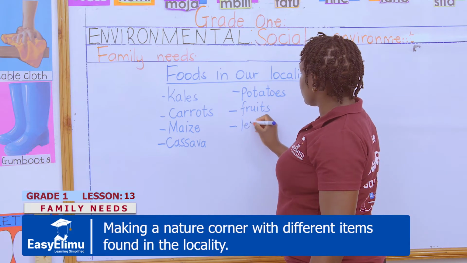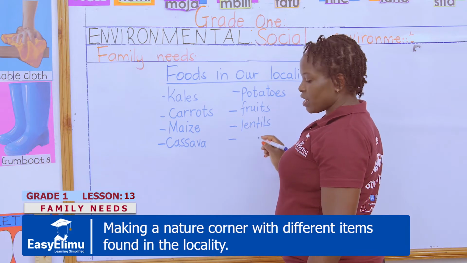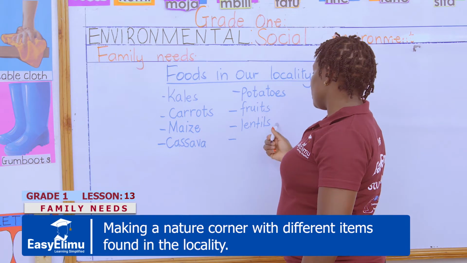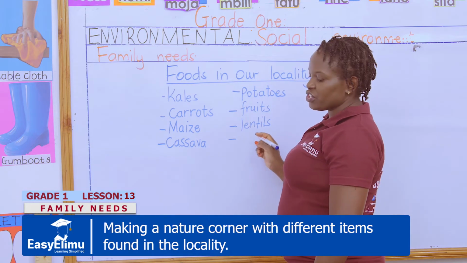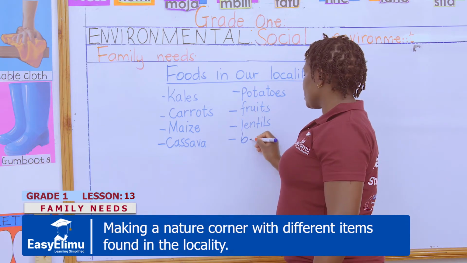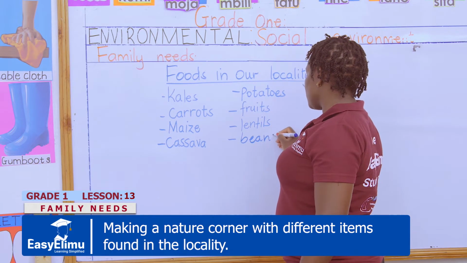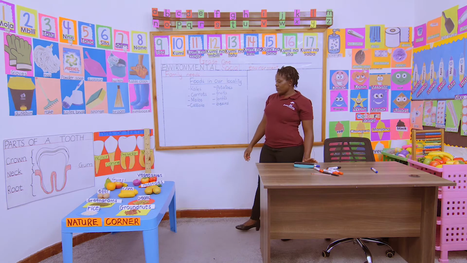We have lentils. Do you know what are lentils? They look like green grams, but they're darkish in color. They're blackish in color. Grayish. They're called lentils. Very good. We have beans. Nice.